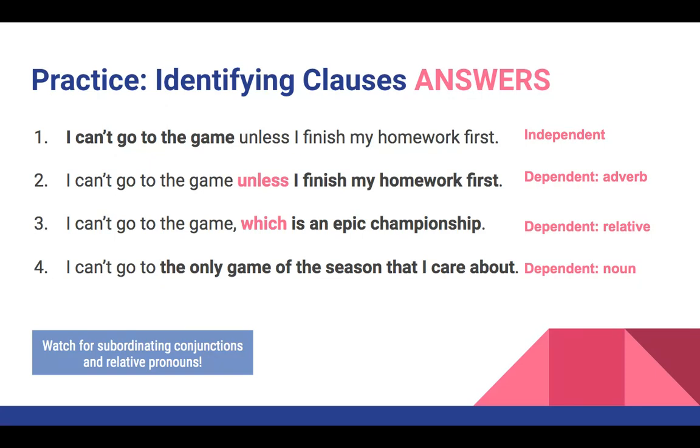It says the. Well, that's not a subordinate conjunction, and that's not a relative pronoun. So what I'm left with is more than likely a noun clause. And I can do my it trick that I told you about. I can't go to it. Does that still make grammatical sense? Yes, it does. And because it does, I would call this a dependent noun clause.